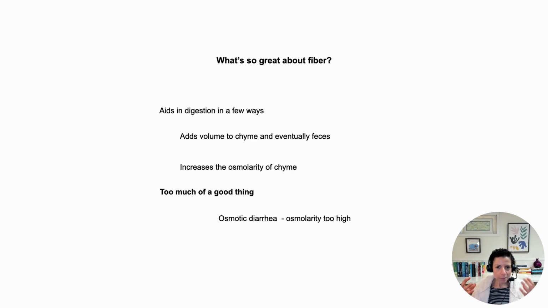And by adding bulk, by literally adding size to your feces, it increases the frequency of you clearing your GI tract, of you clearing your colon. So by adding to the bulk of your feces, every time you have, or close to every time you have one of those mass movements when you eat a meal, it's going to increase the likelihood that that actually clears out your colon. So water-soluble fiber is really good.